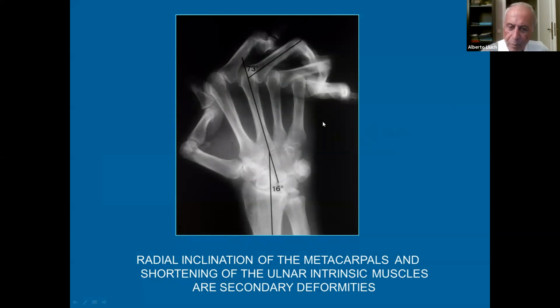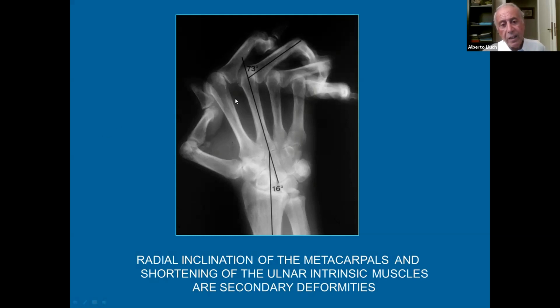And what we see many times is shortening of the ulnar intrinsic muscles. This is a secondary deformity, because the origin and insertion of the muscle are closer together, and obviously it will remodel in a shortened position.